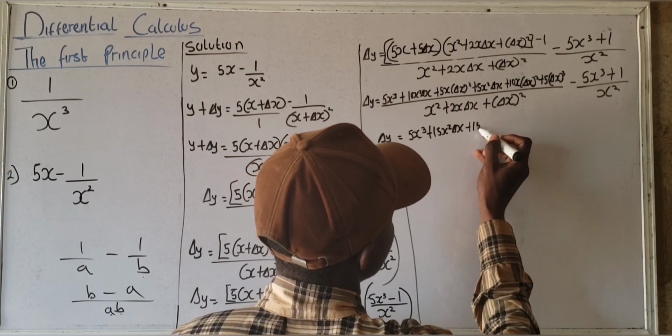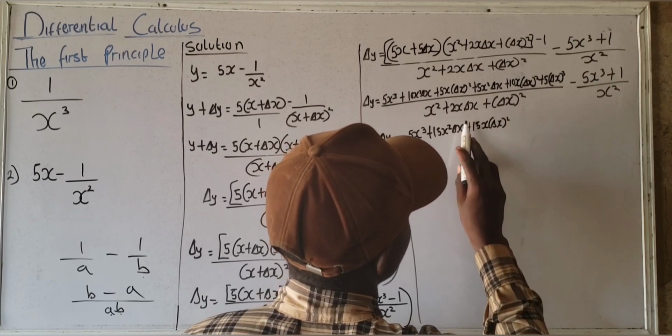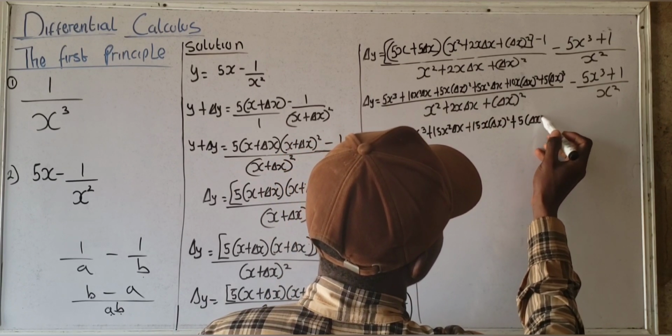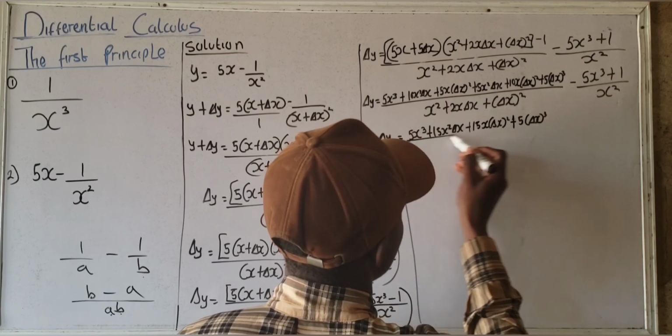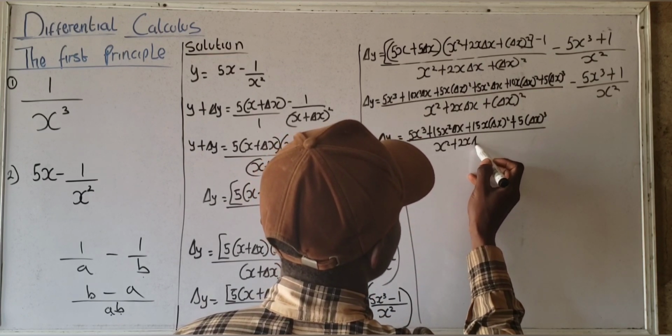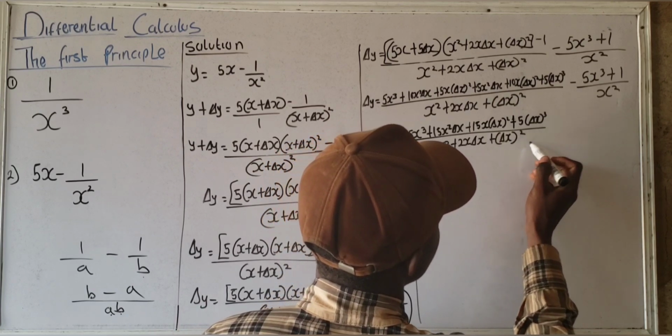Plus 15x delta x squared. Okay, then plus 5 delta x cubed all over x squared plus 2x delta x plus delta x squared.